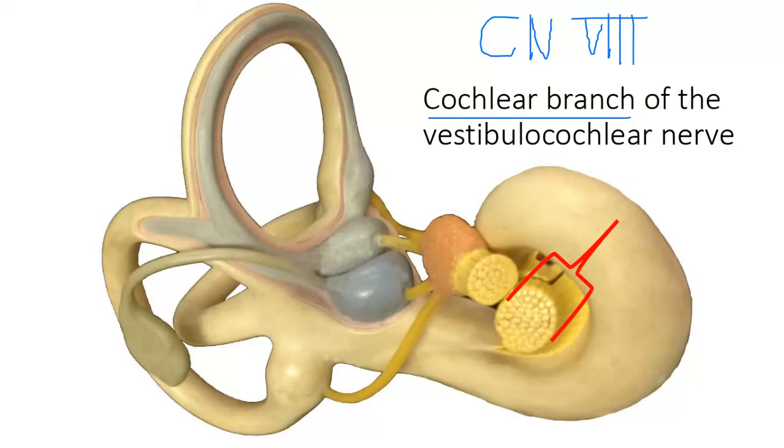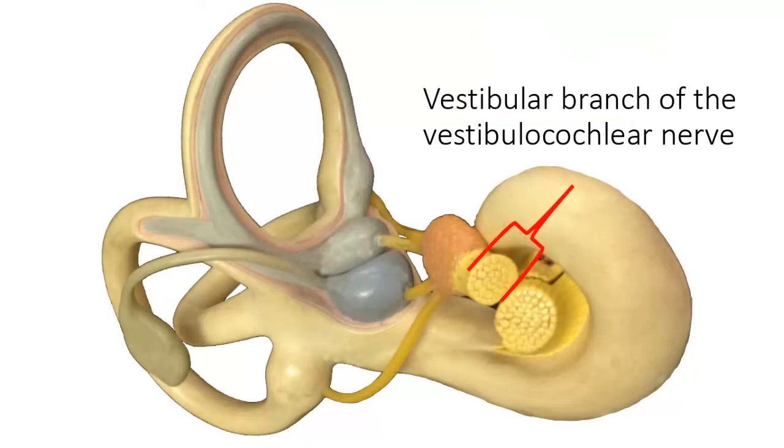I think that's a lot easier than writing out vestibular cochlear nerve. It's up to you. If you want to write in there the cochlear branch of cranial nerve 8, Roman numeral VIII, go for it. And that's going to the cochlea. So the vestibular branch goes off over here towards the vestibular complex. That's the vestibular branch.